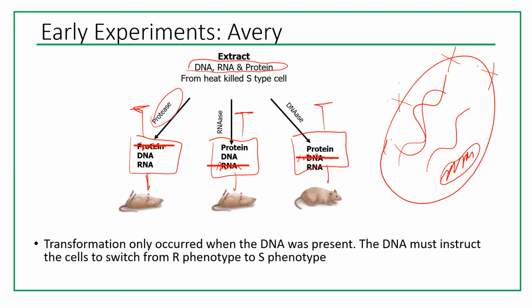And what he noticed is that only if you have DNA, the transformation happens. You don't have DNA, no transformation. That means that transformation only occurs when DNA is present. DNA must instruct the cells to switch from R phenotype to S phenotype.